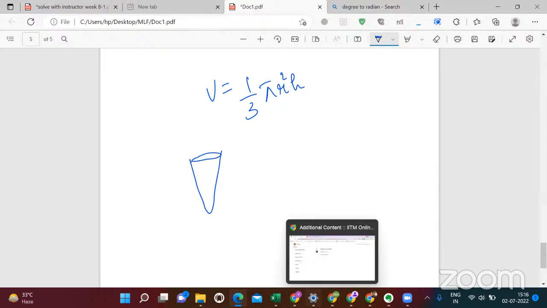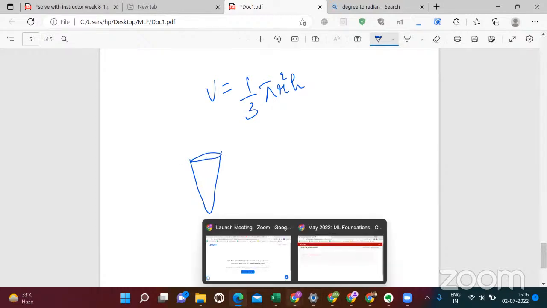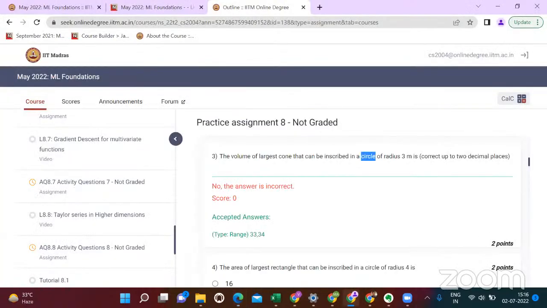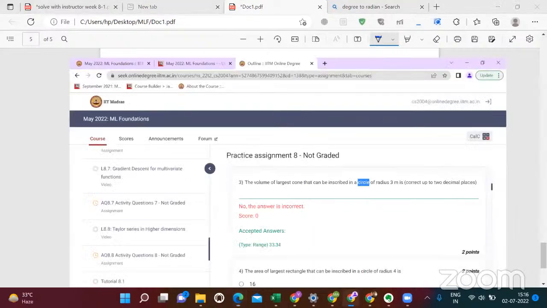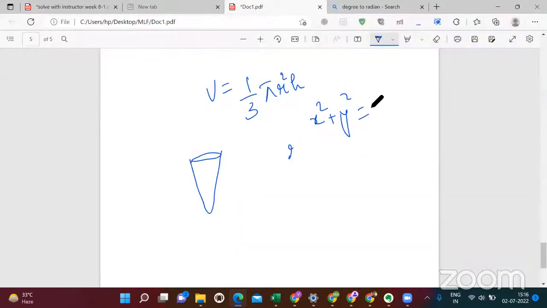And it should be inscribed in a sphere, right? This is what has been asked. Yes, sir. So x square plus y square equals 9, so y equals root of 9 minus x square.